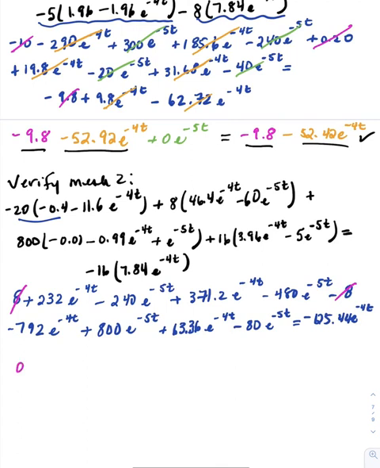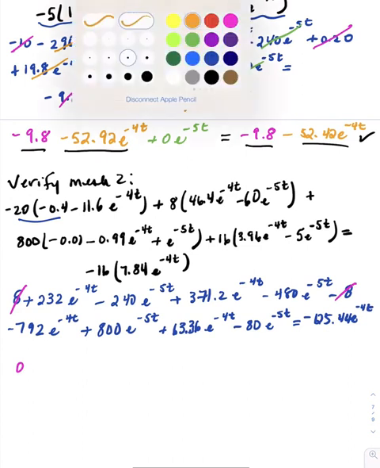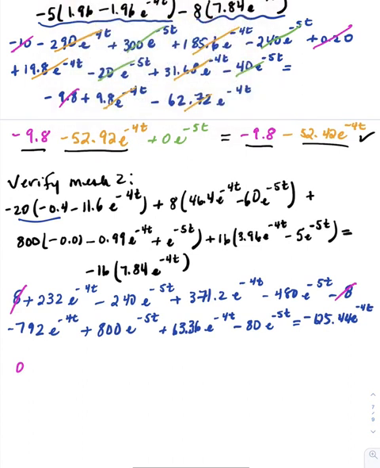Now let's do e to the minus 4t, so 232 plus 371.2 minus 792 plus 63.36, and that gives us minus 125.44 e to the minus 4t.